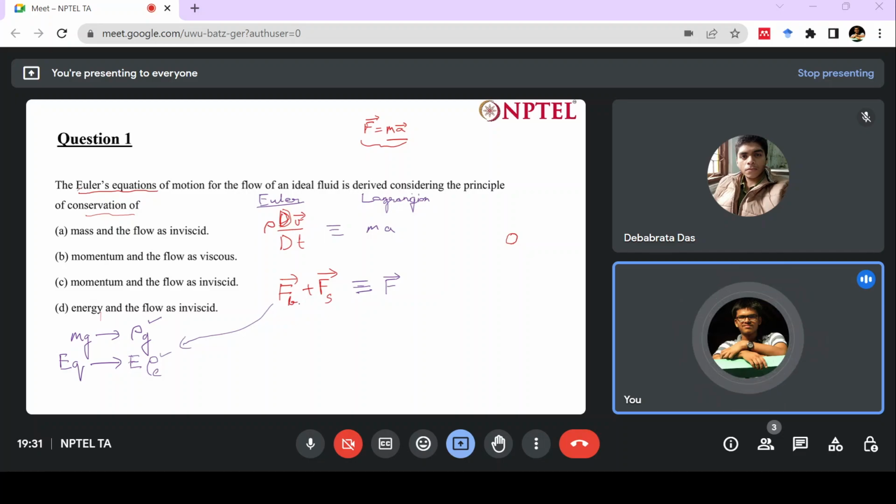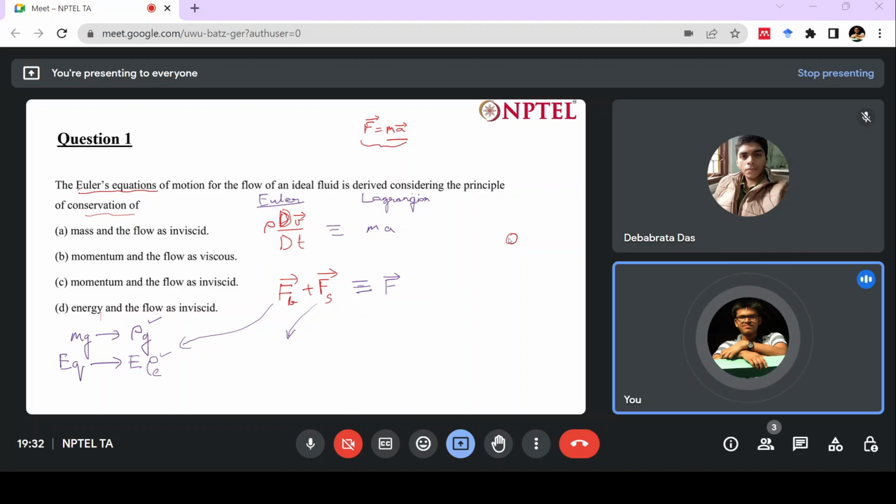What else is there? The surface force is there. Where do all the surface forces come from? Surface forces come from the stresses acting on it, right? On the surface of the small fluid element that we have considered, the forces acting are the surface forces, and those are all covered under the stresses and the traction forces associated with the stresses.